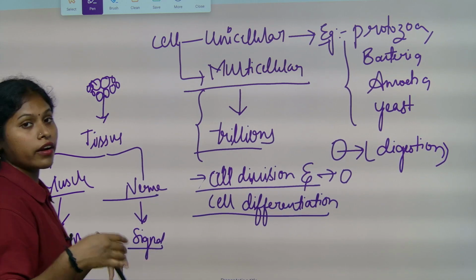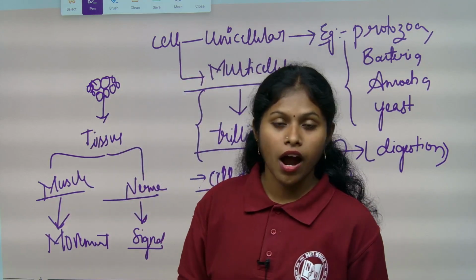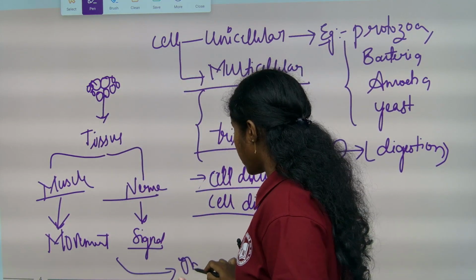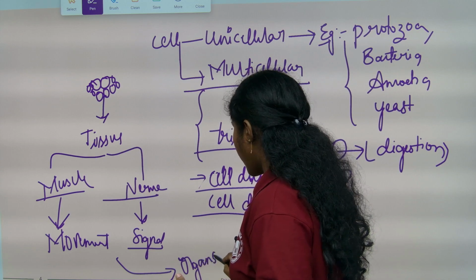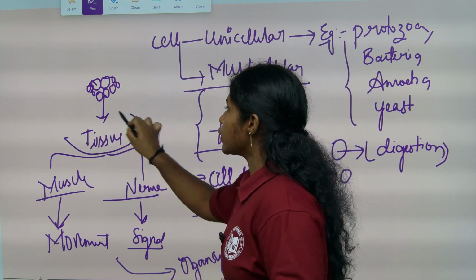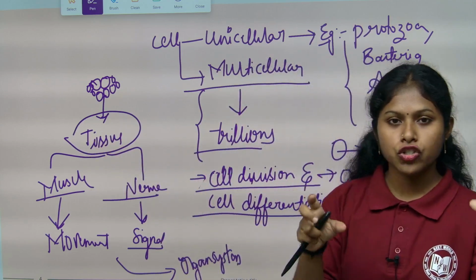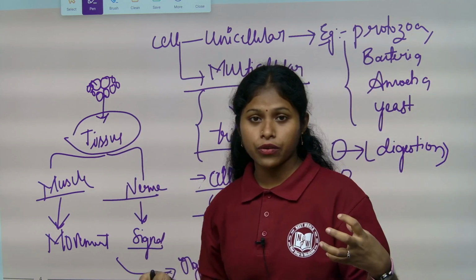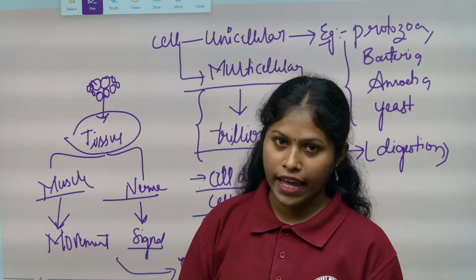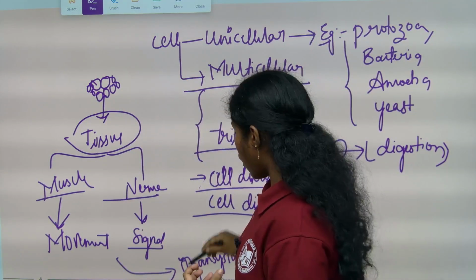And they make the organs like stomach, liver, heart and all that. Then it makes the organ system, and that organ system makes the organism. Which means tissues, the groups of cells, perform various activities which lead to the formation of organs, and that leads to the formation of organ system, and that leads to the formation of the organism.